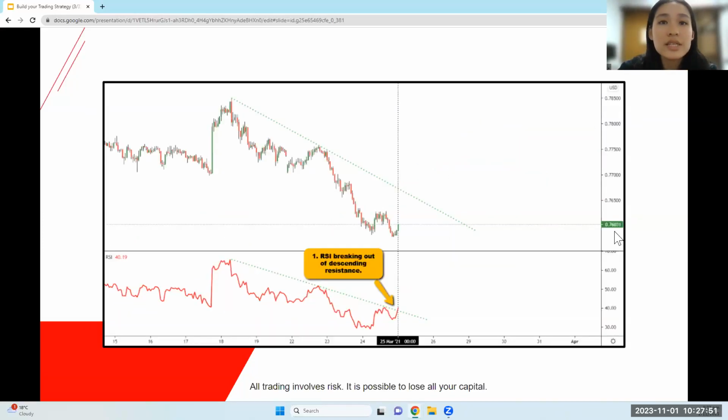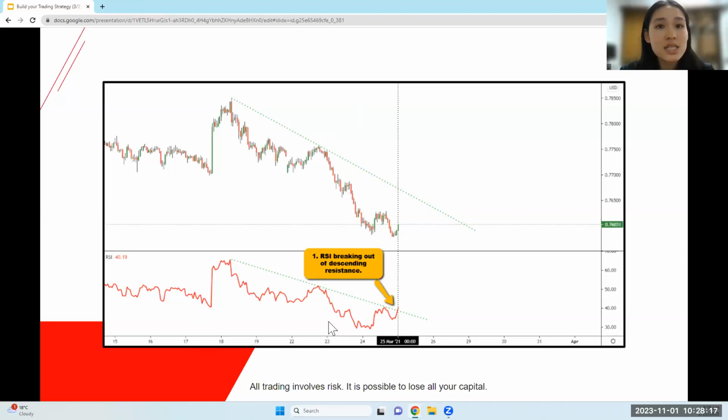Here's another example. In this case, we are seeing a descending... Well, this is not a descending trend line because, as I mentioned earlier, we need 3 points for it to be considered a valid trend line. But this is a descending resistance line because we see these two swing highs on our price chart, and we also see the same two lines at the same spots for our RSI.